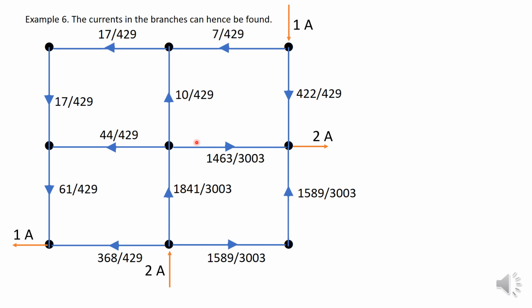You can verify that there is equilibrium at each node here, and the inputs at these nodes equal the sum of these values, and so on. So this solves the system electrical circuit, and the method I've used is the method of loop currents.